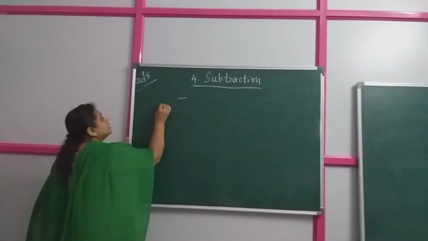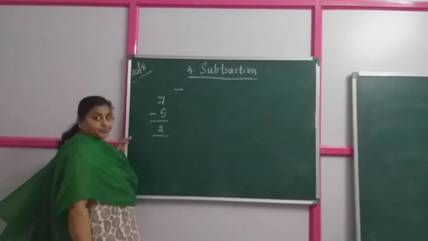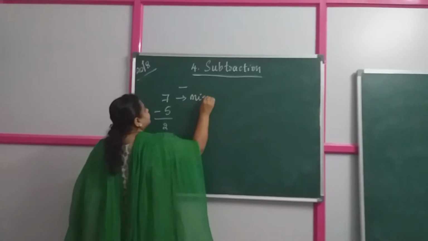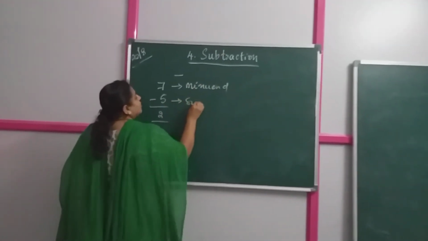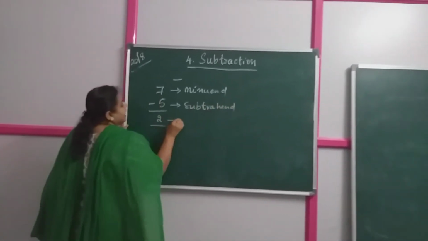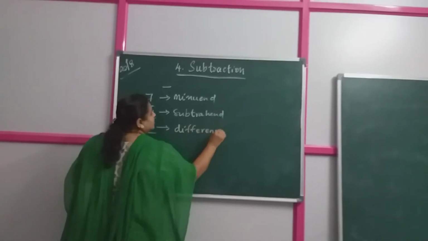Suppose 7 minus 5 is 2. Now this 7 is called the minuend. 5 is called the subtrahend. And the answer is called the difference. What are they, children?